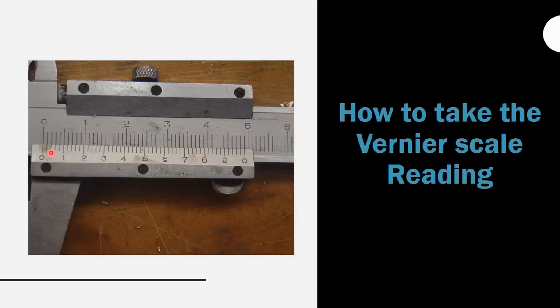There is no line matched before it, so we take the vernier scale reading as 1. Like that, if the linear scale value is 2.2, then we look for the vernier scale line that is equally matched with the linear scale. If no line is matched exactly, then you take the nearest matching value. That is how we can take the vernier scale reading.